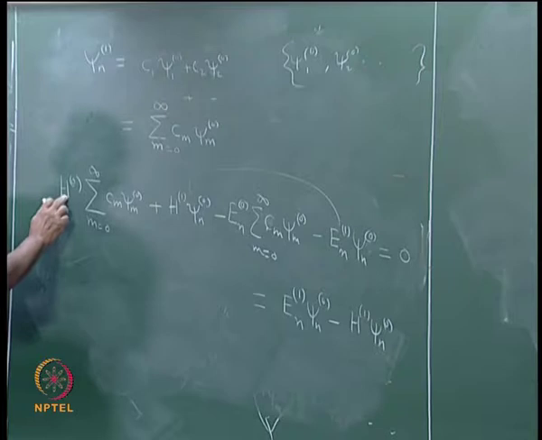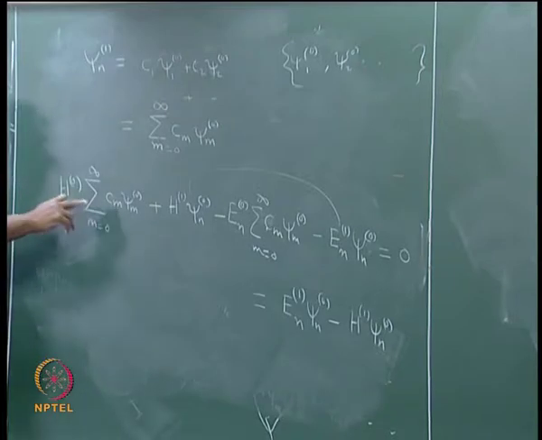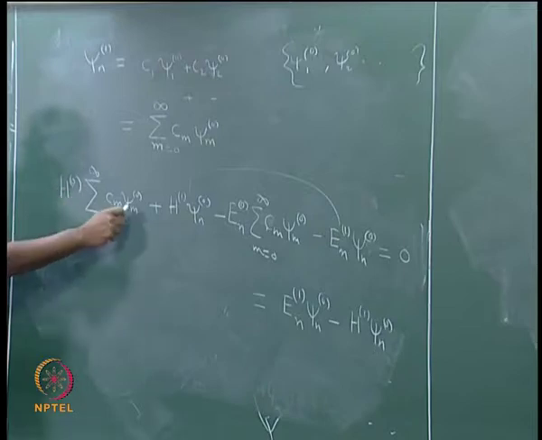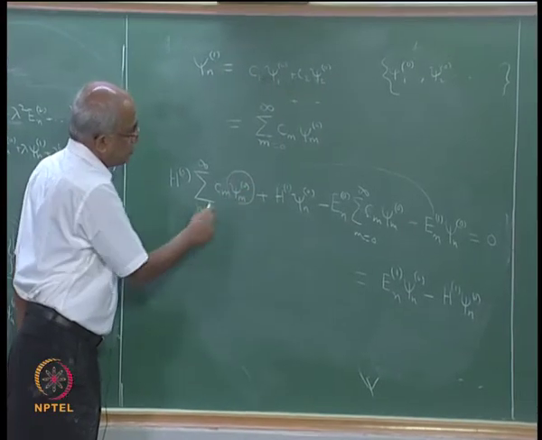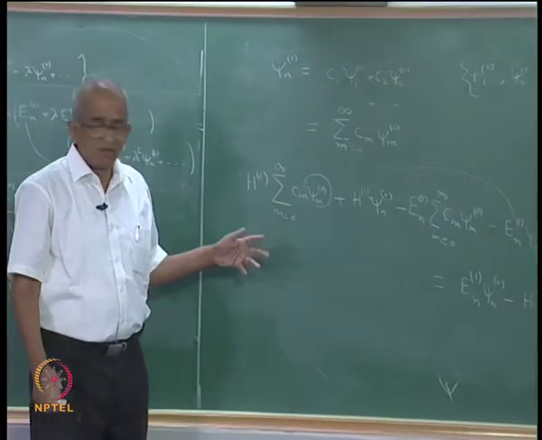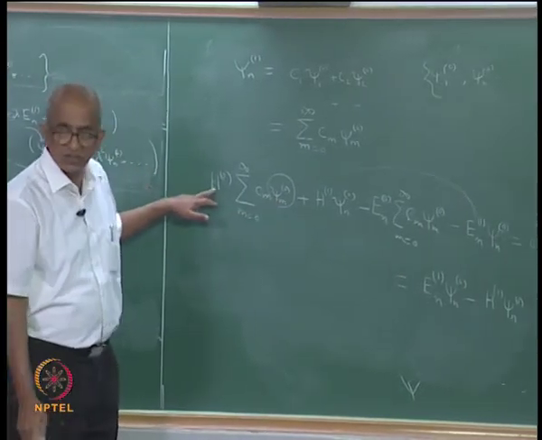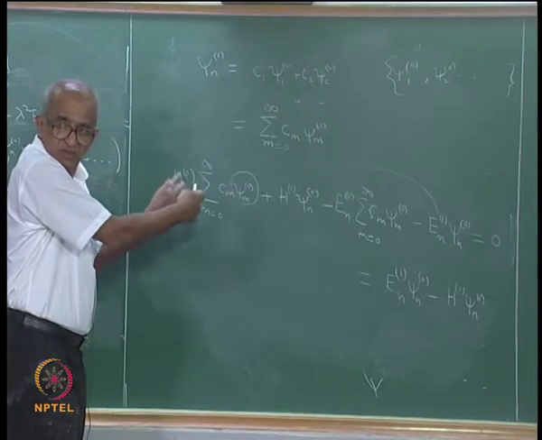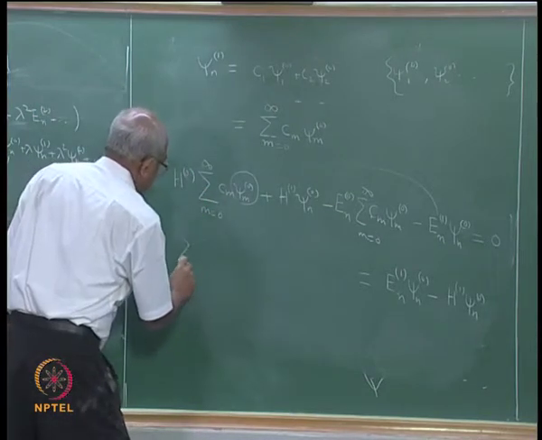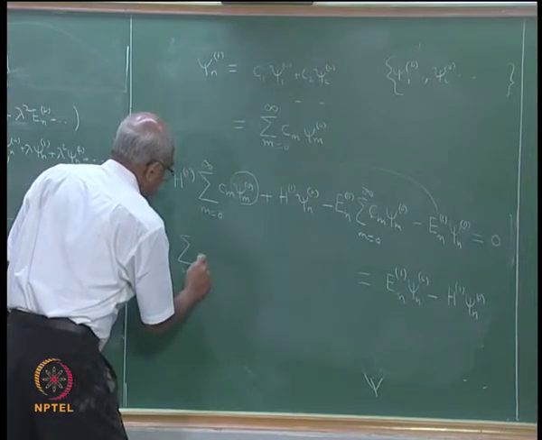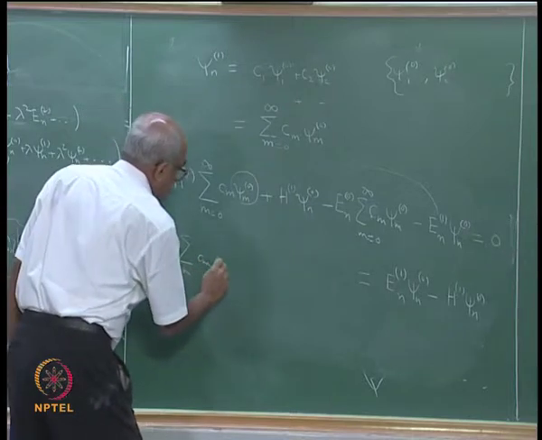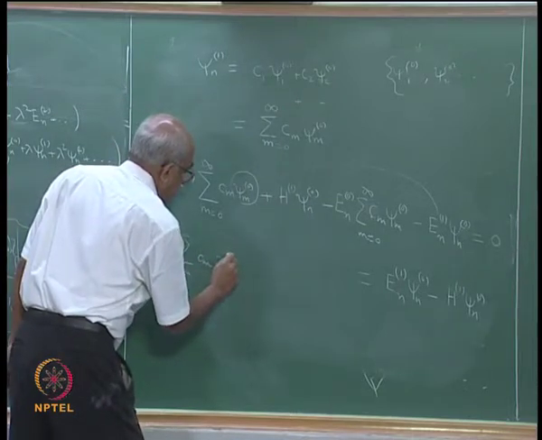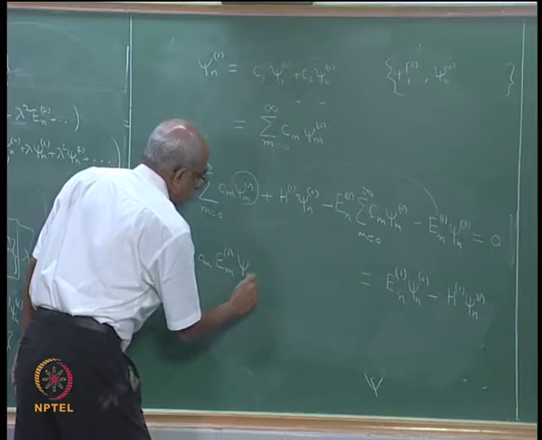Well, I would have H0 operating upon this, right, that is going to be there, but H0 is going to go and operate upon psi m 0. What would that be? This is an eigenfunction of H0. So, therefore, you will have the eigenvalue coming out. So, this actually is going to be sigma m C m E m 0, that will be the eigenvalue multiplied by psi m 0.